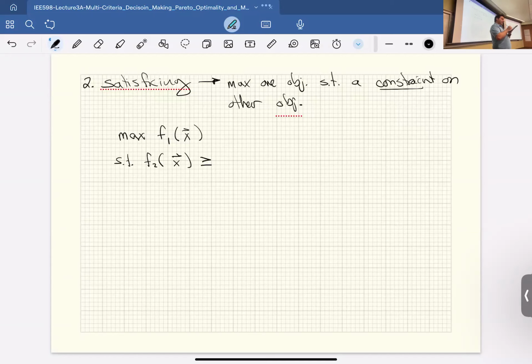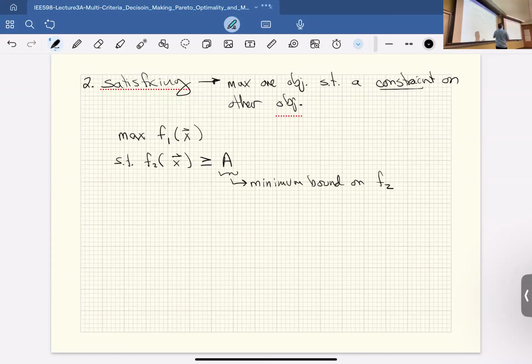I'll just say a. So this is a minimum bound on f2.